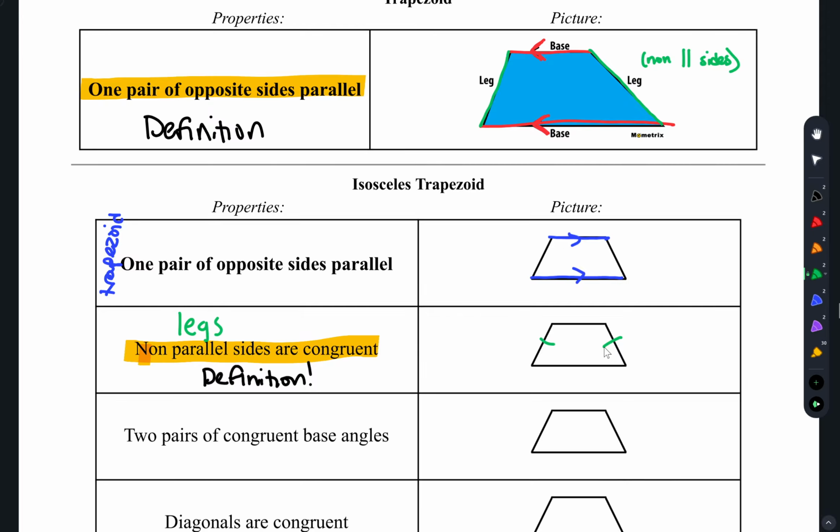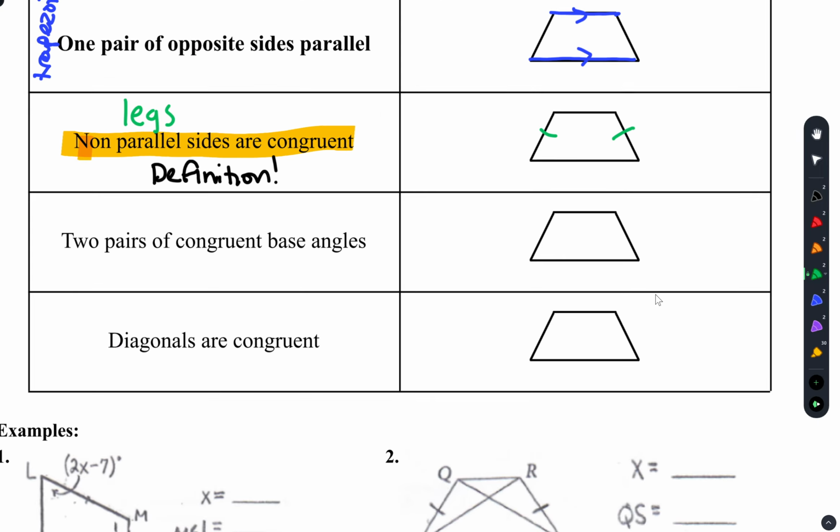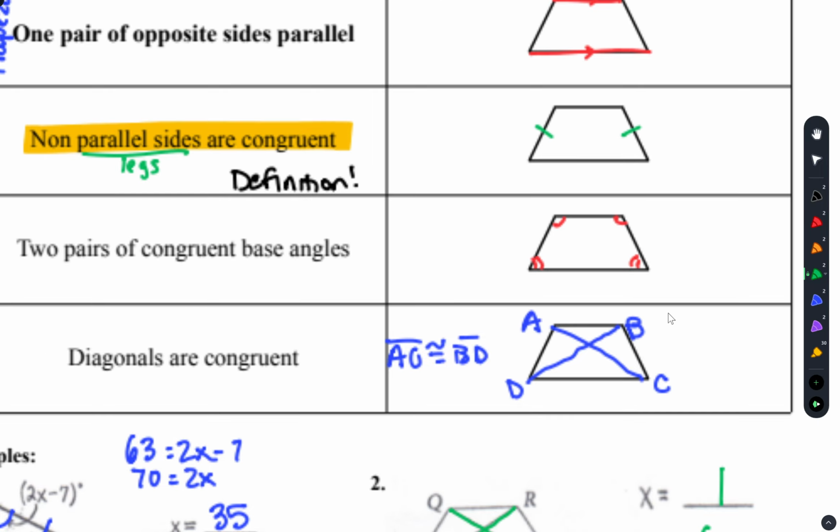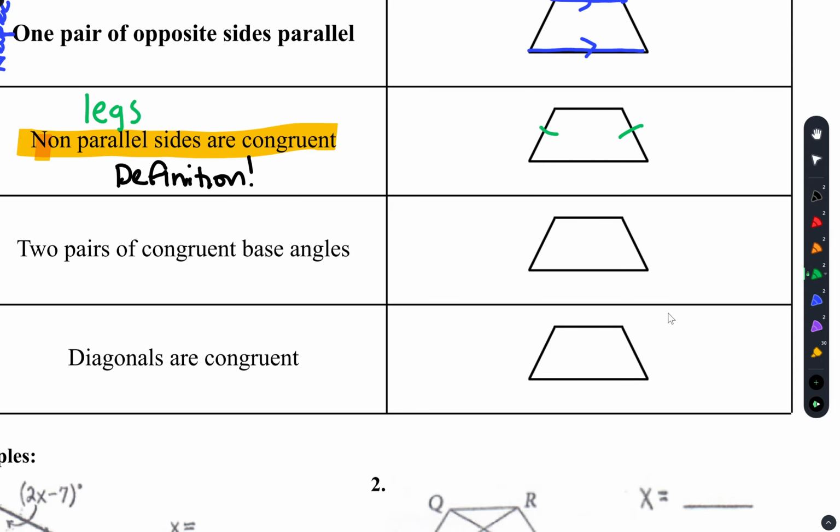Questions on that? From there, we get a couple extra properties that come with it. Number 1 is that there are 2 congruent pairs of base angles. Base angles are the ones that touch the same base. So remember, base means the sides that are parallel. If I talk about this base that's on the top in this picture, its 2 congruent base angles are the ones that touch that base.